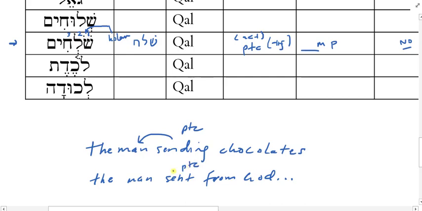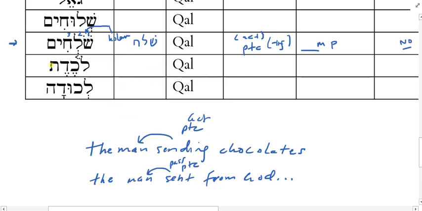Here, this is another participle. Sending is active and sent is passive. They're both describing or modifying man here. But is the man sending anyone? No. Rather, the idea of sending is something that was done to the man. You see? So the man sent, or the sent man, is not a man who's doing the sending, but who has been sent. On the other hand, the man sending, or the sending man, is a man who actually engages in the action. That's the difference between active participles and passive participles, okay?